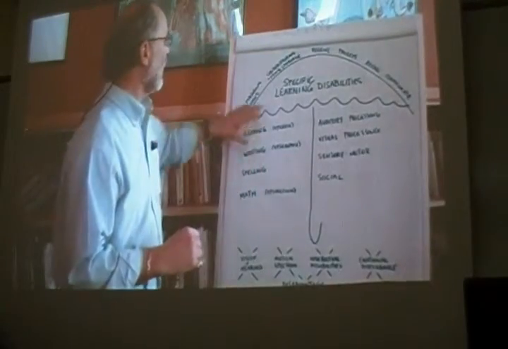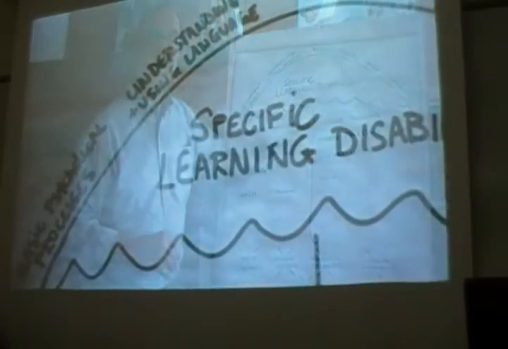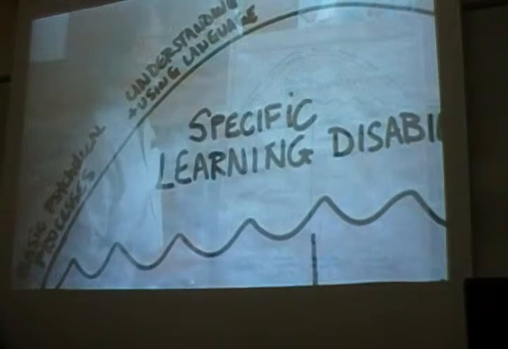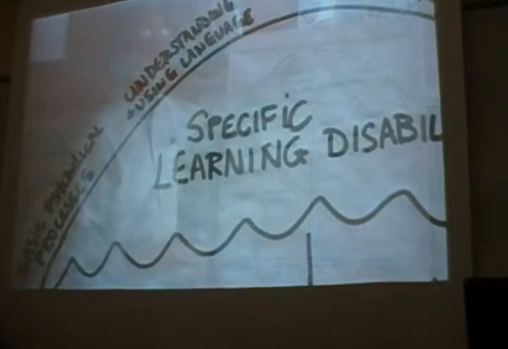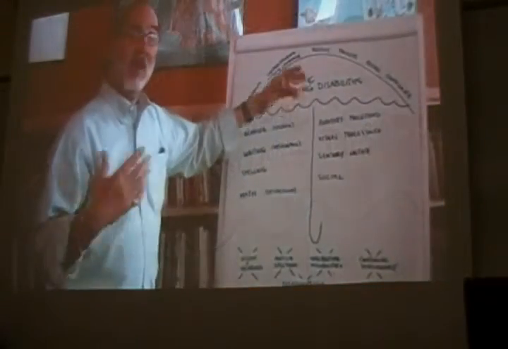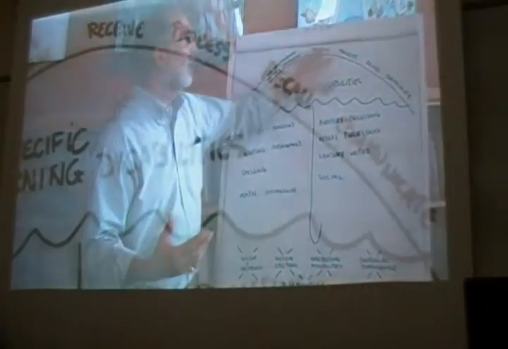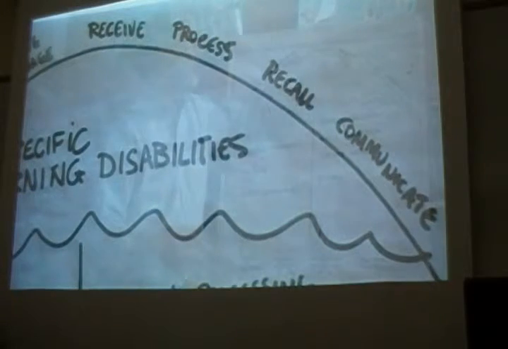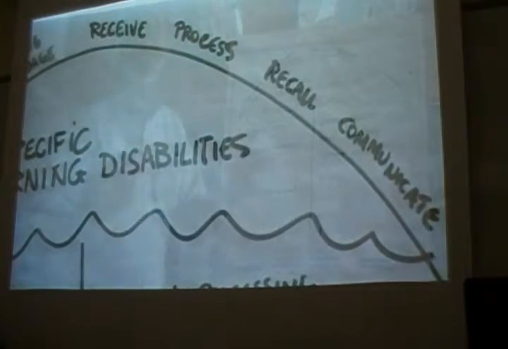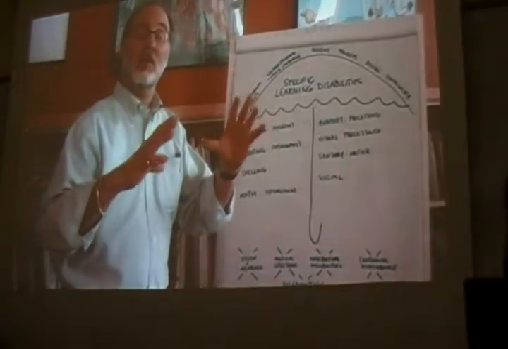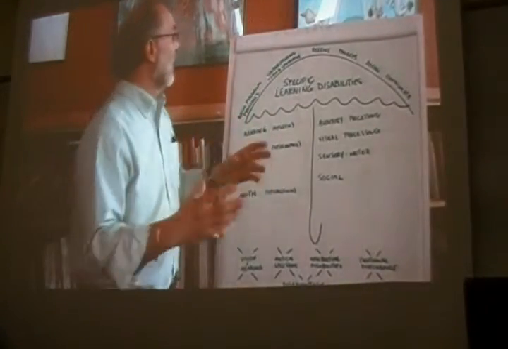Learning disabilities by definition are disorders in basic psychological processes that involve understanding and using language. And by that we mean the ability to receive, process, recall, and then communicate that information. And we do that not in a vacuum, but in particular kinds of areas.